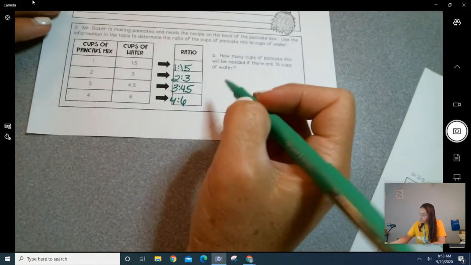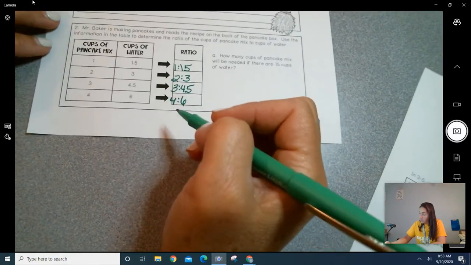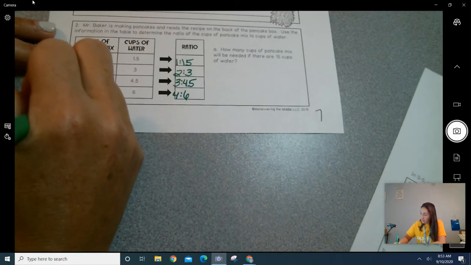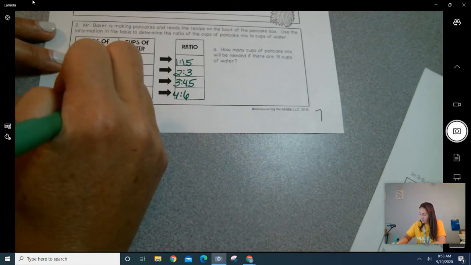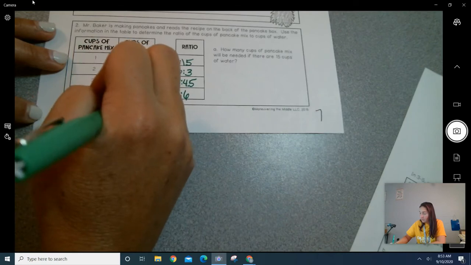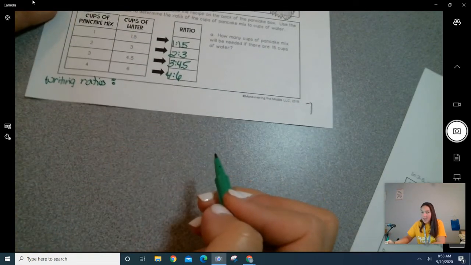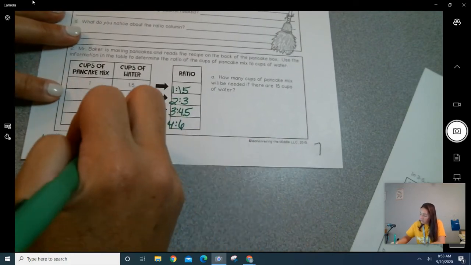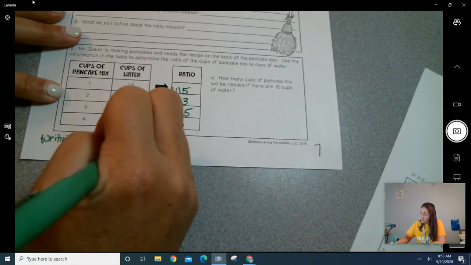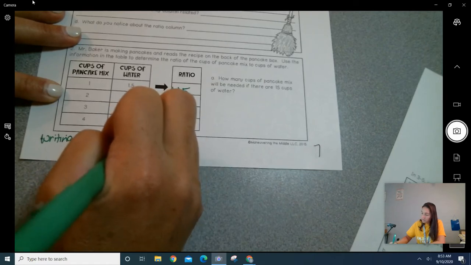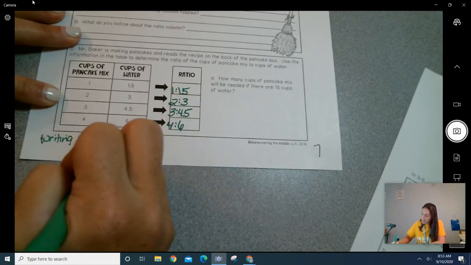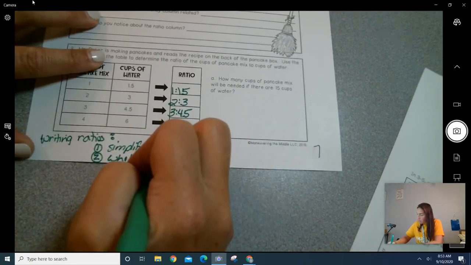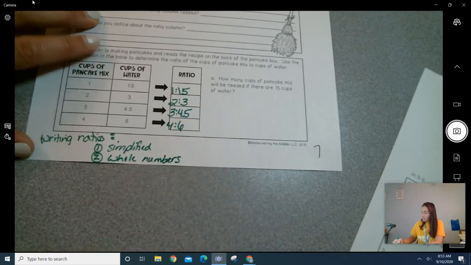Now, when we write ratios, there are two things we always need to do, okay? So if I were to ask for the ratio of this table, the first thing you want to do is look for the most simplified ratio. And the second thing you want to do is know that ratios are written with whole numbers, okay?